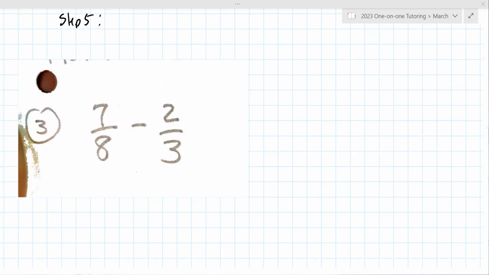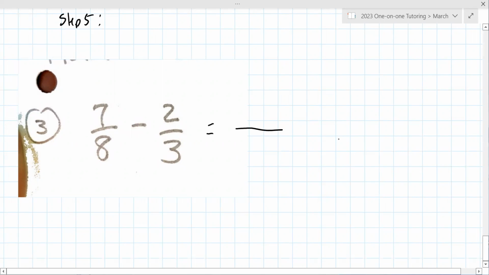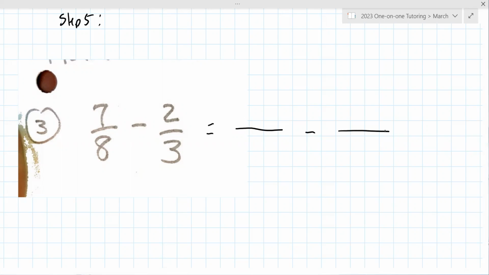What do you think? How do you attack this problem? Well, first thing you can do is see, does 3 go into 8 at all? So it does not, right?